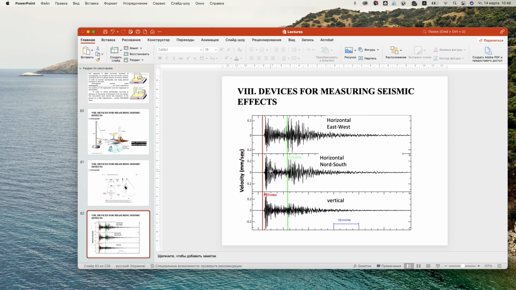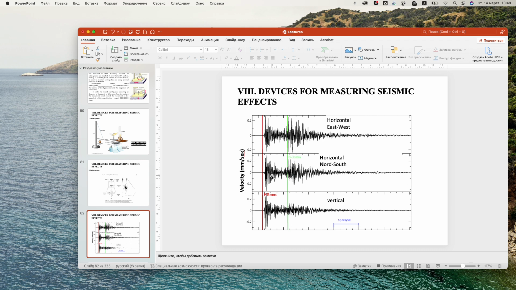But first of all, we made a record of the P wave because it is the fastest seismic wave, and then we found the impact of the same earthquake, but it is the second wave. Here you can see the distance between P and S waves. That gives us an ability to define the distance from our construction site to the source of an earthquake, to the hypocenter and epicenter of the earthquake that we have recorded.